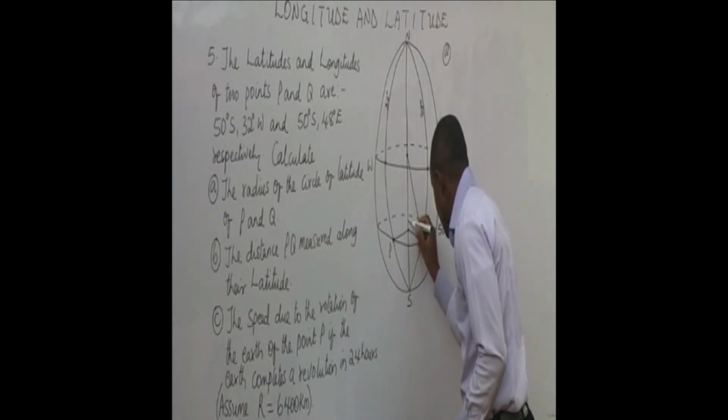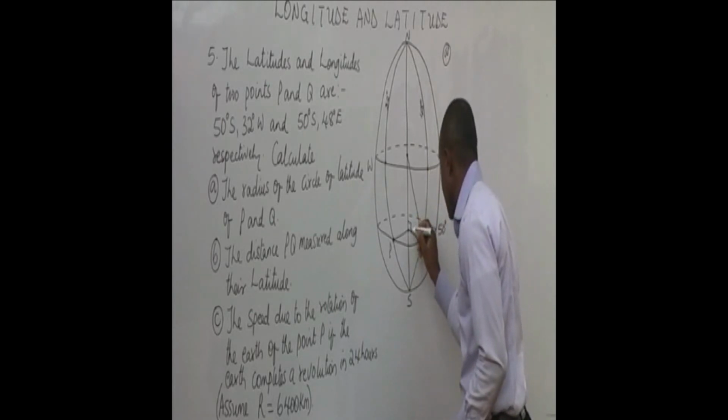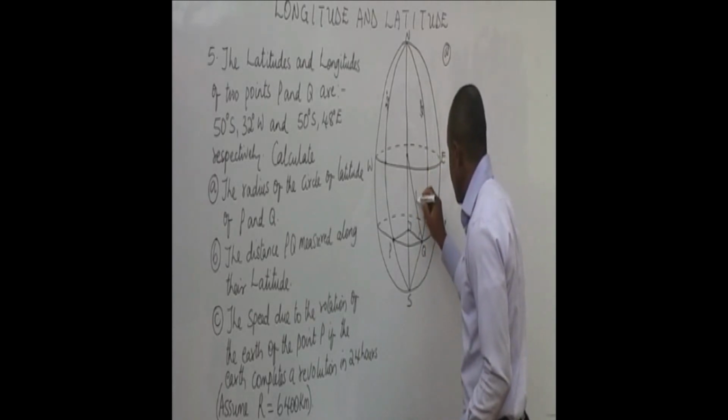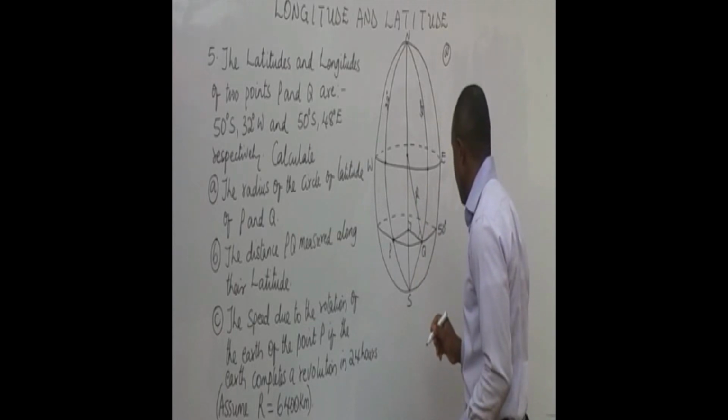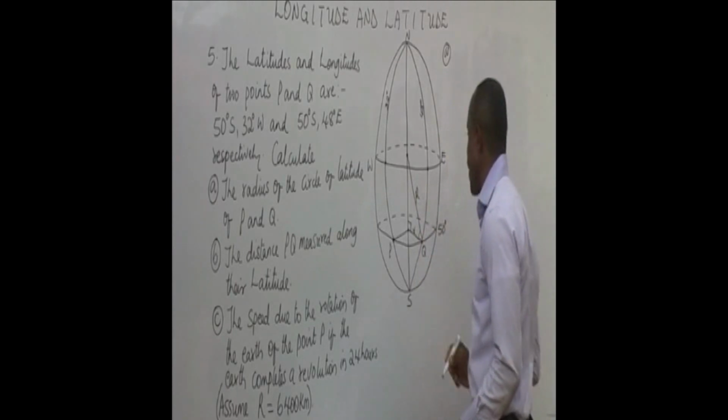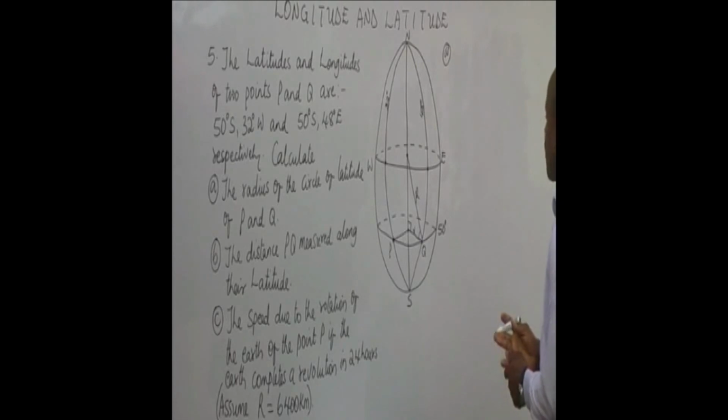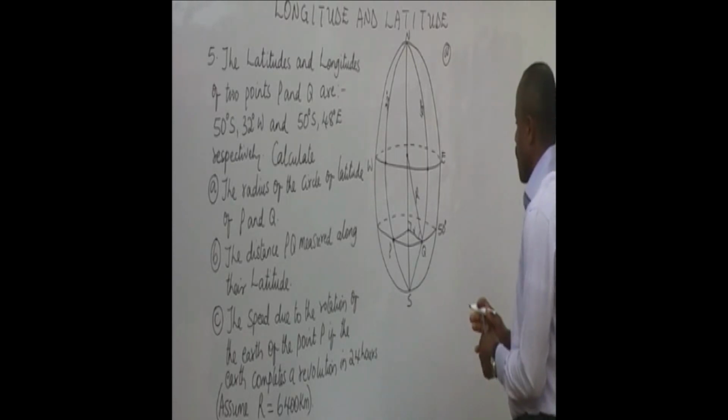This is the right angle side of the triangle. This is R, the radius of the earth, and this is small r, the radius of the circle of latitude 50 degrees.